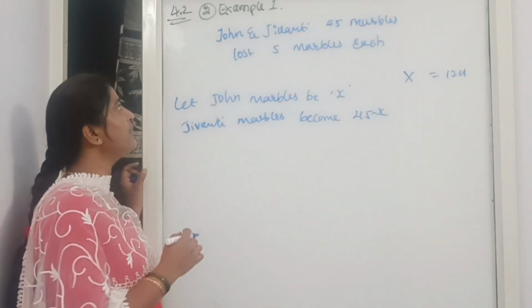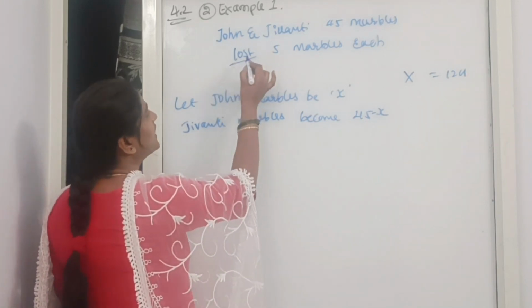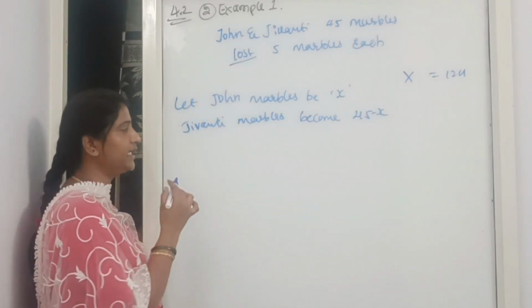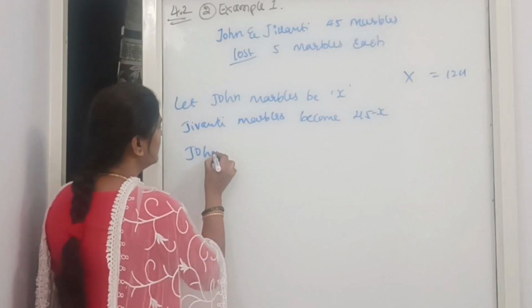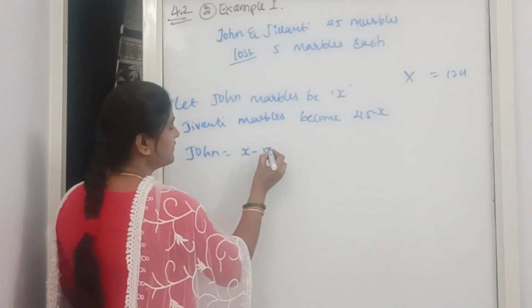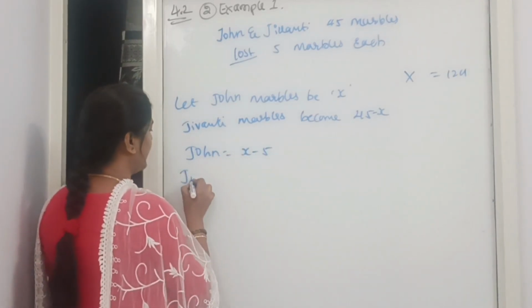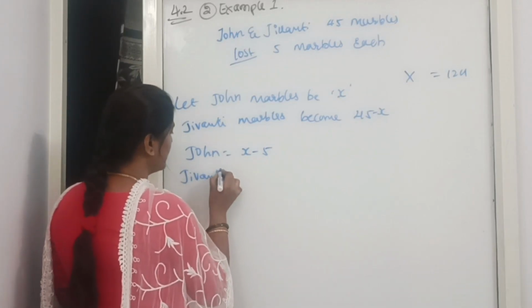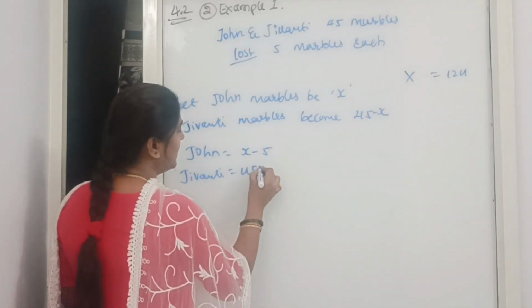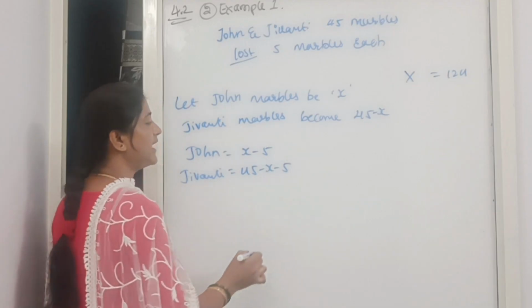And they are telling both of them lost 5 marbles each. So John has X minus 5 because he lost, and Jivanti also has 45 minus X minus 5, she also lost.